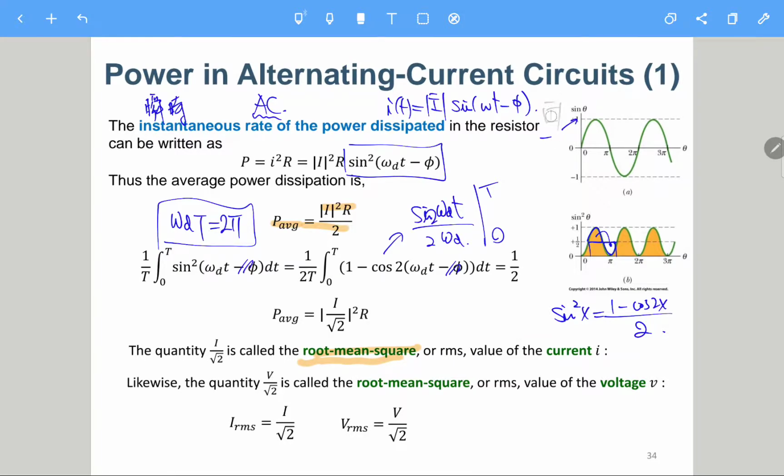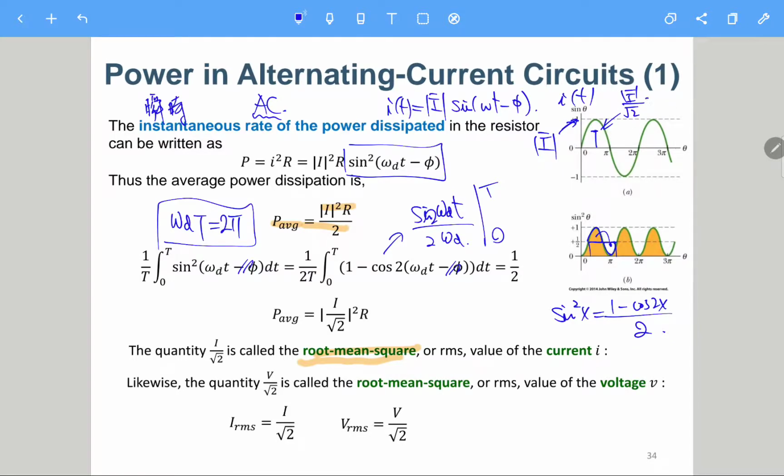If this is I of t, so this value will be absolute of I, and the average value, which means that if we need to consider the root mean square value, it is something like this one, which is the absolute value of phasor of I over square root of 2.